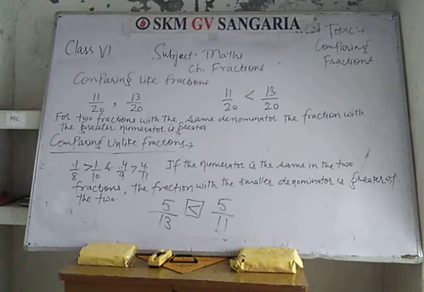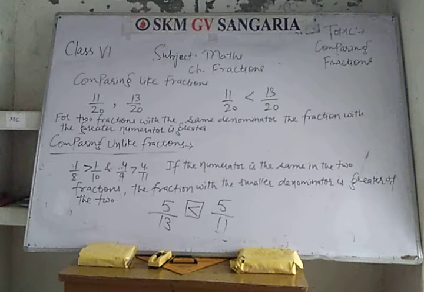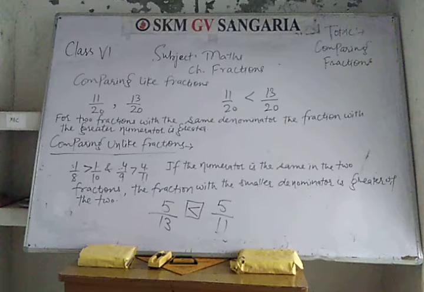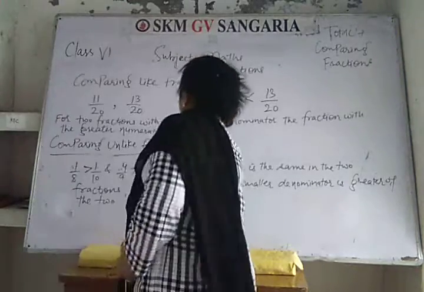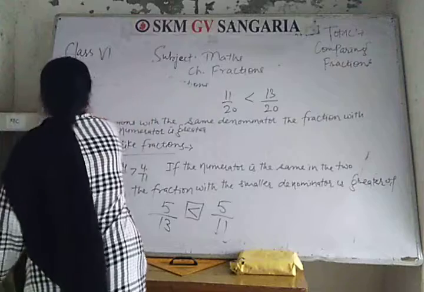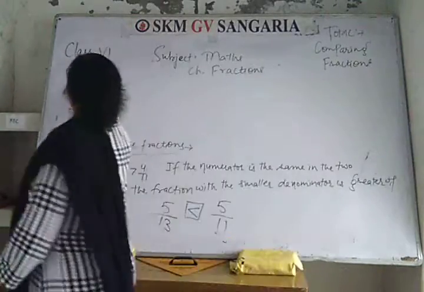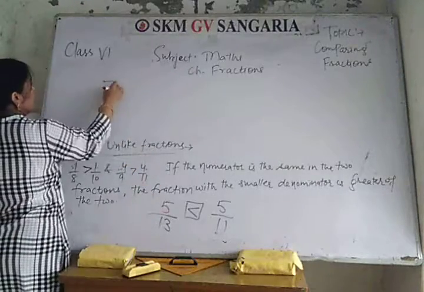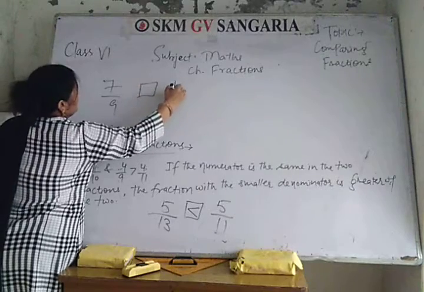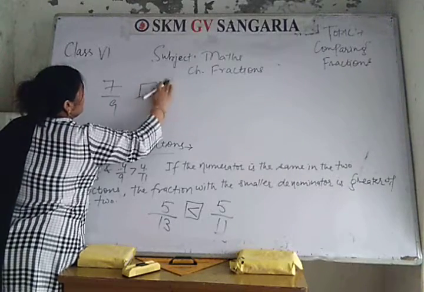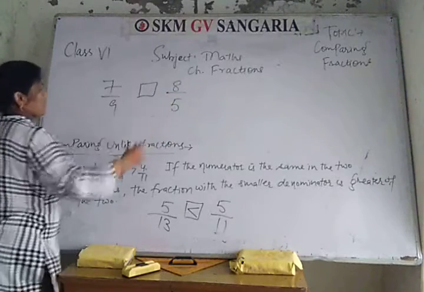Then how to compare fractions when their numerators are different and denominators are also different? In that case, when numerators and denominators are both different, we can take any example of fractions, like 7/9 and 8/5.